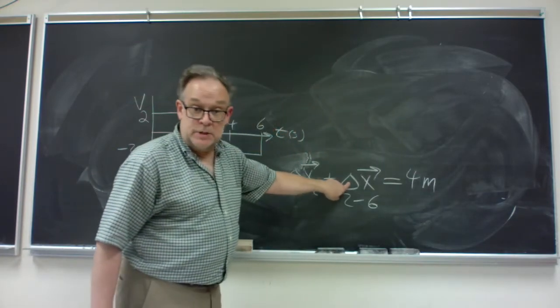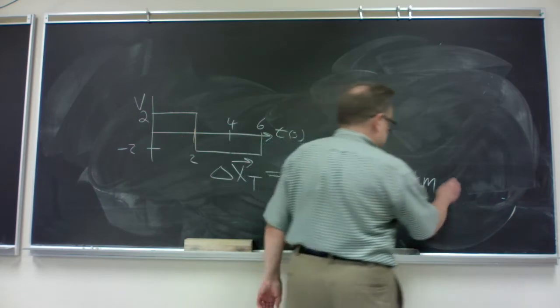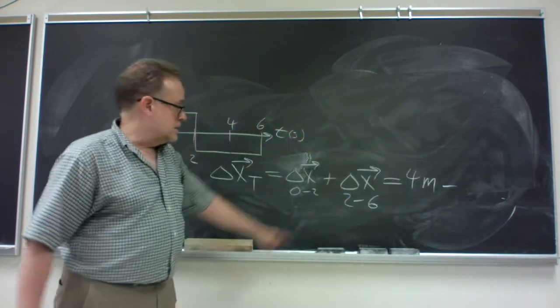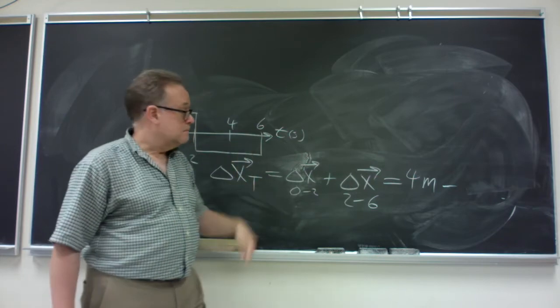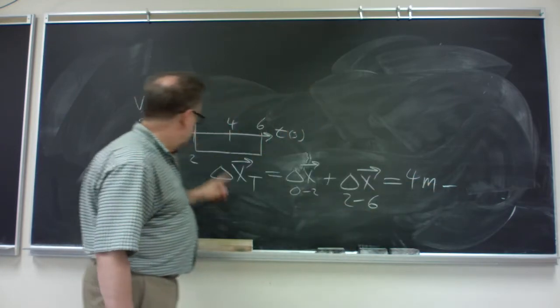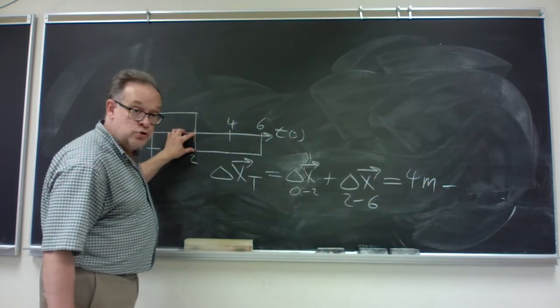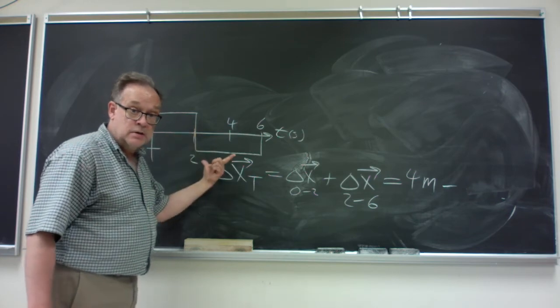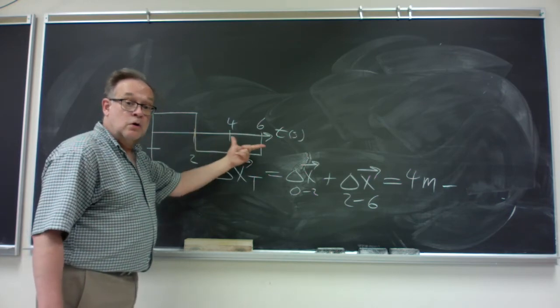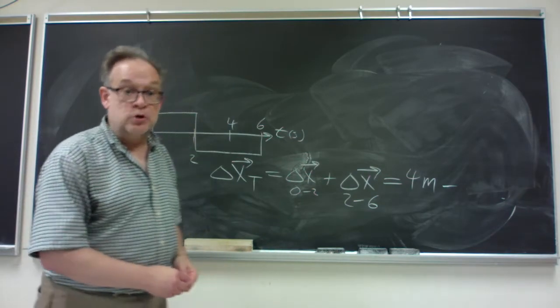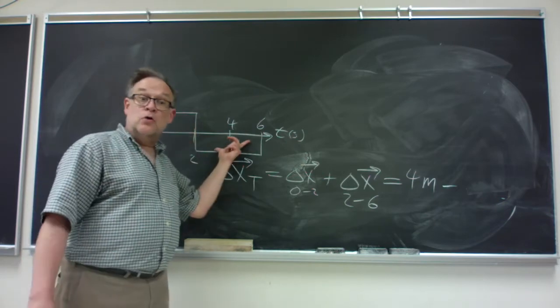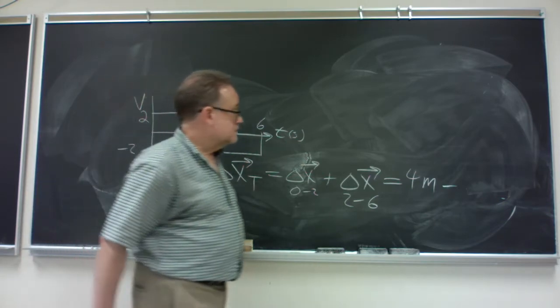And then this displacement is negative because it's a negative velocity. This is -1 times this area. There's the -1, and the area is 2 meters per second times 4 seconds.